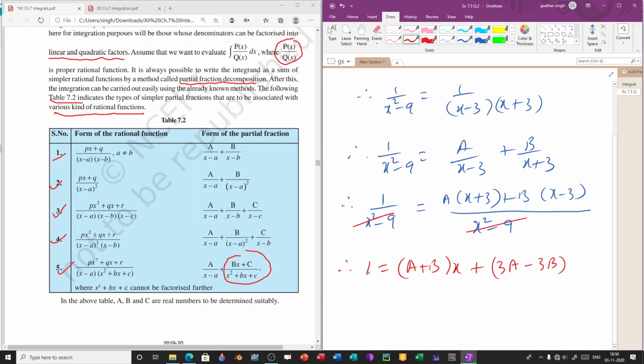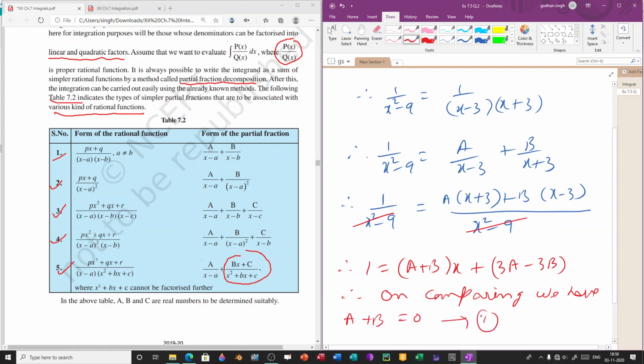Now if you see the left hand side, there is no x term, that means the coefficient of x should be 0. So on comparing, we have a plus b equal to 0. This is our first equation.